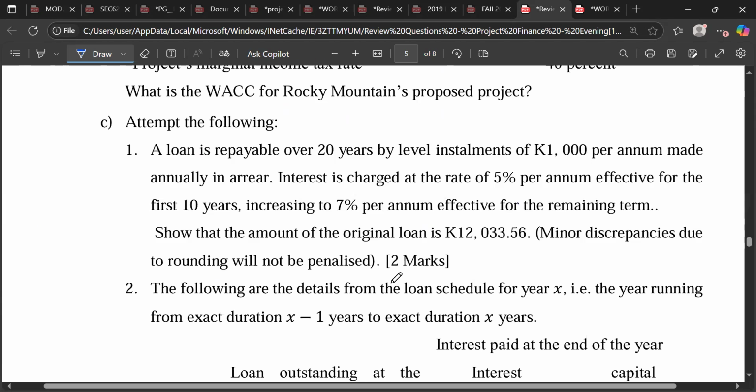Okay, let's now get to this one. We're given this condition, so what we're doing is just proving this. The first thing we do in such a question is find the present value of the first 10 years at 5%.